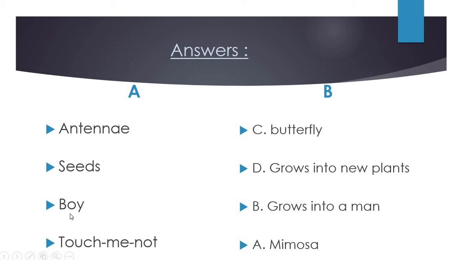Boy, I have matched with grows into a man. This was there in the living things grow section in your textbook. Obviously, a boy will gradually grow into a man and an old man. Seeds will grow into new plants, obviously. And antenna, butterflies have antenna. So these are very easy.